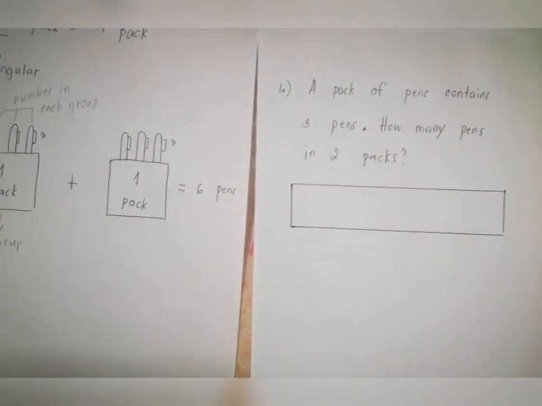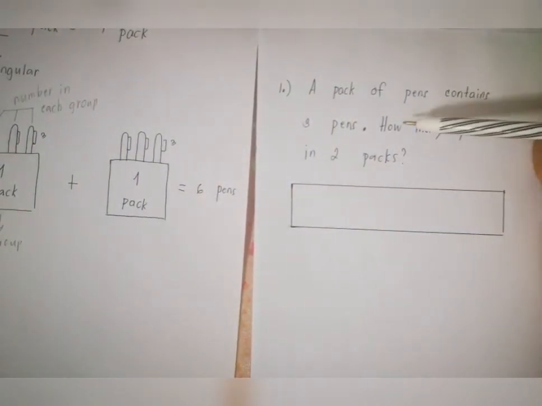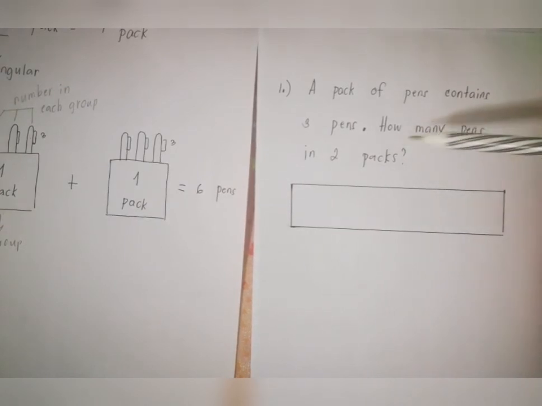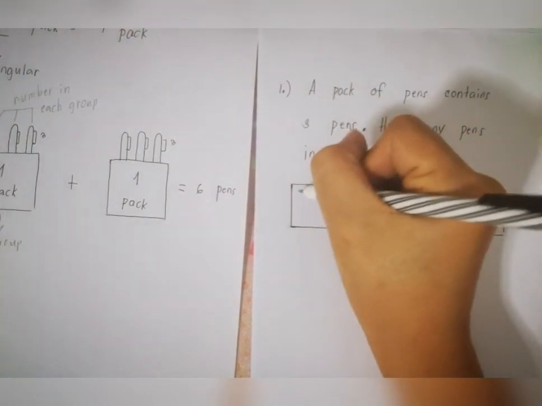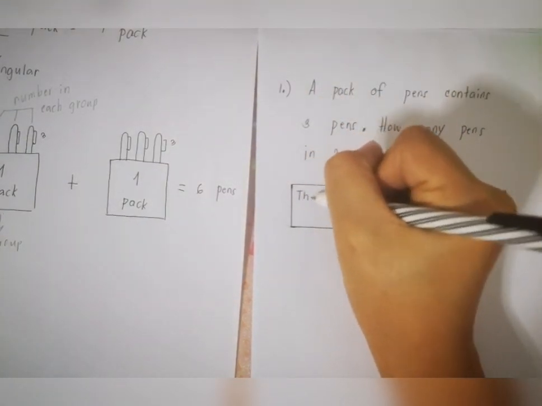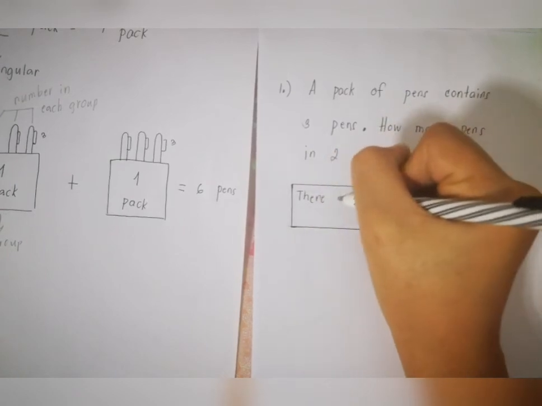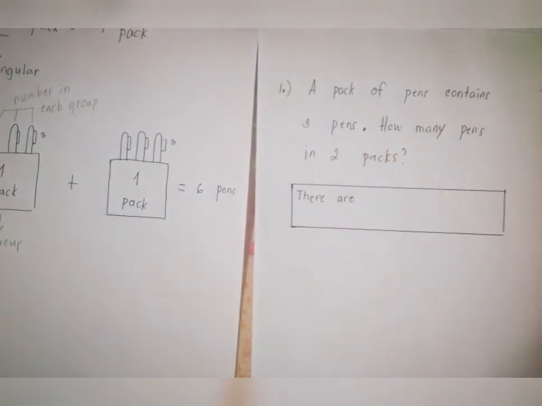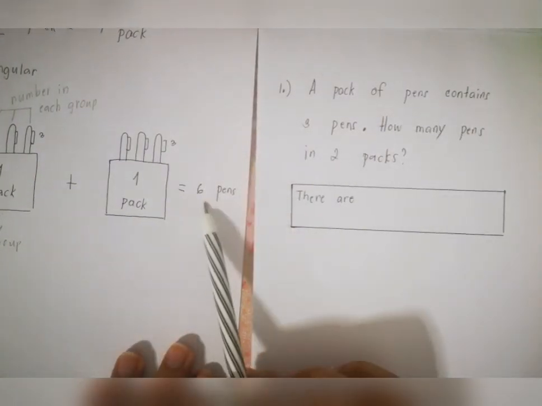Again, the question is how many? When the question is how many, you should start with "There are." So there are 6 pens.